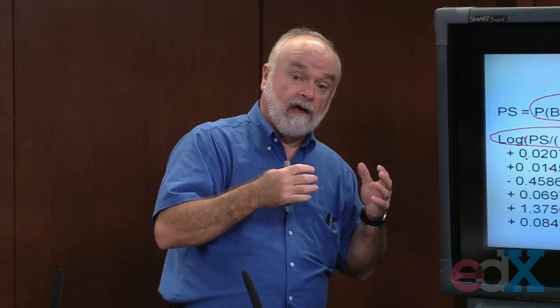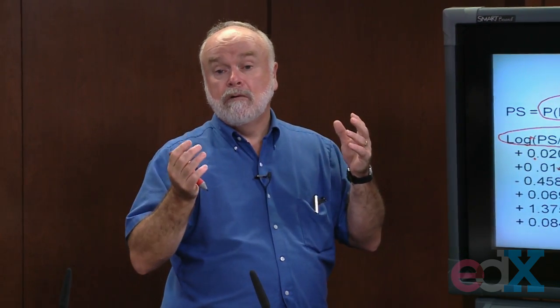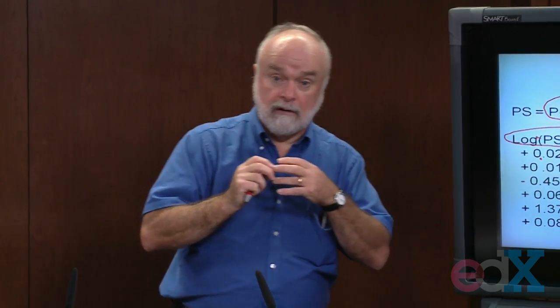I can turn that log odds into an odds. I can turn that odds into a risk. That's how I get the propensity score for each person. So the propensity score is a number assigned to each person, which is his or her estimated risk of getting the treatment, being blood pressure medication. Okay, so that's the mechanism involved.